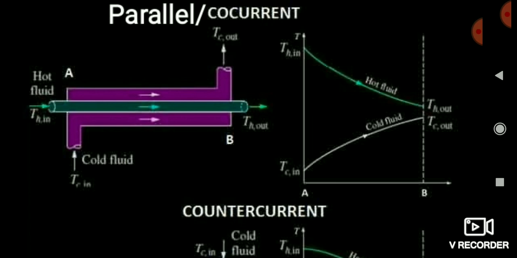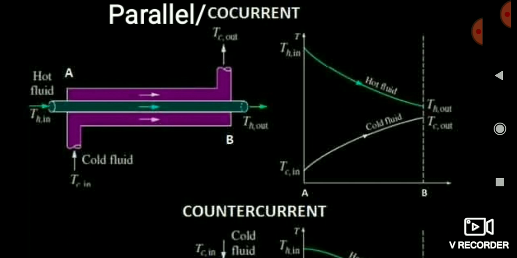And friends, if you draw the diagram of this entry and exit, you can get this. Here in this graph you can see that the highest temperature is TH in, meaning temperature of hot fluid at its inlet, and from TH in the fluid has gone to TH out, meaning temperature of hot fluid at the outlet.